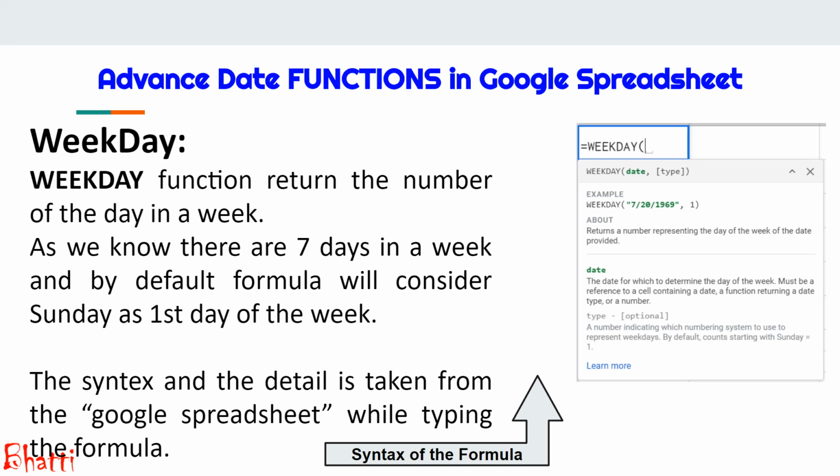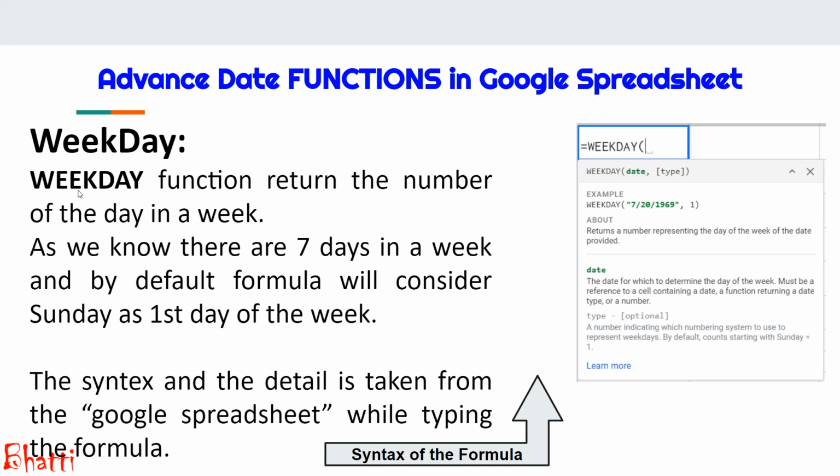Last time we saw the formula is equal to day; it gives us the date, not the weekday. For example, if I use is equal to day, it will give me 20 because 20 is the day, but weekday will give me the day number, and by default this formula keeps 1 as Sunday.